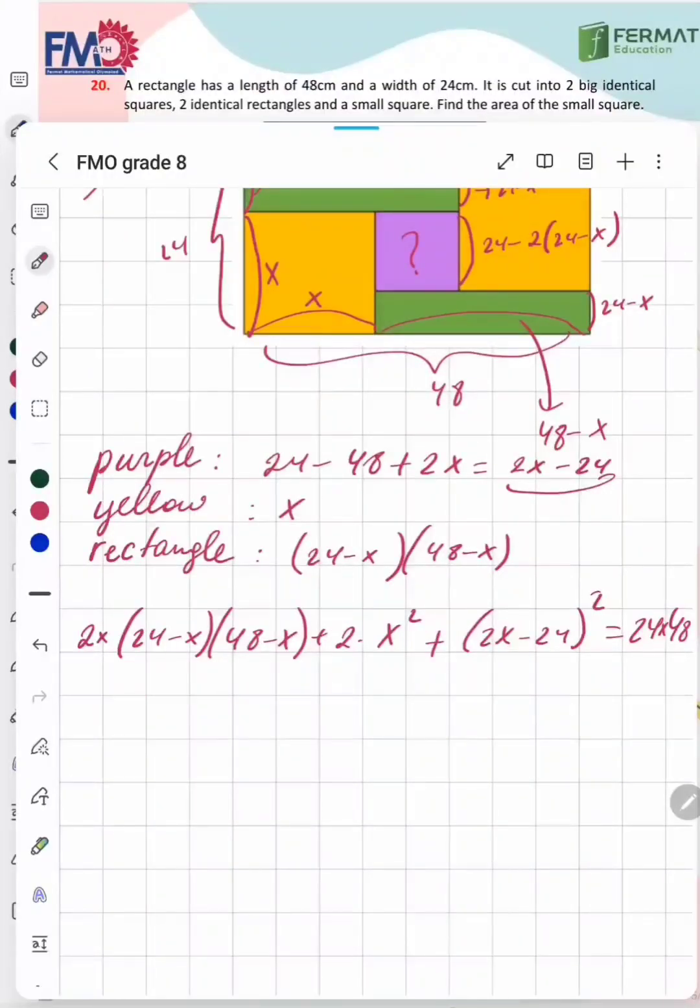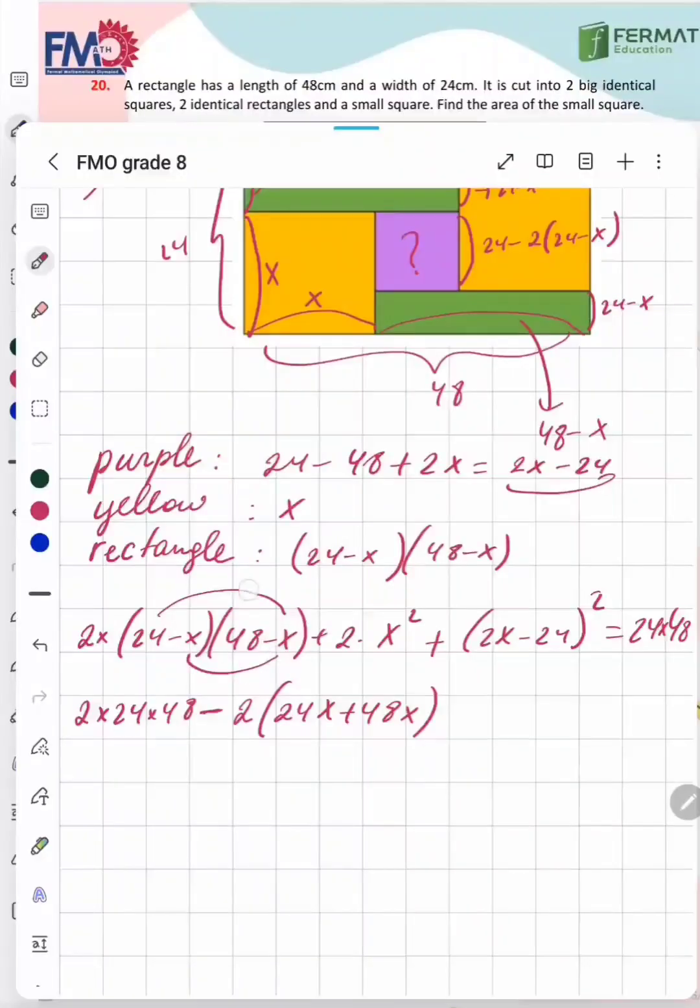Let's expand the brackets and collect like terms. So 2 times 24 times 48, then 24x times 2, and we will have another 48x, so I take the negative out and write minus 2 times (24x plus 48x).